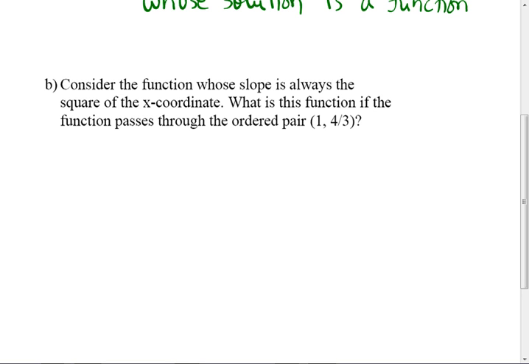Okay, so let's do this problem. Okay, guys? Put your history book away or whatever it is. Okay, consider the function whose slope is always the square of the x-coordinate. Okay, guys? You're not going to know how to do this. So I want a function whose slope is always the square of the x-coordinate. We've translated word problems into math problems. How do you write slope?